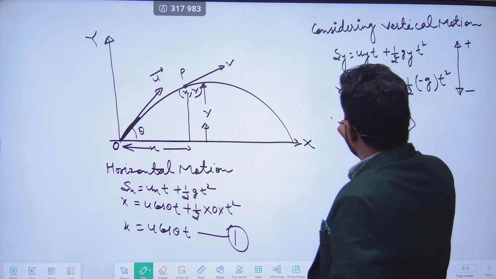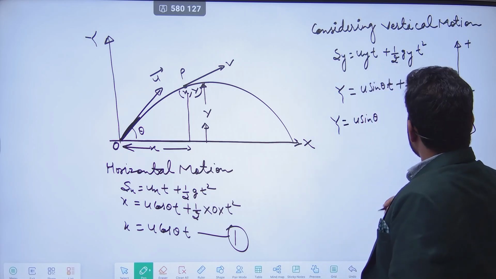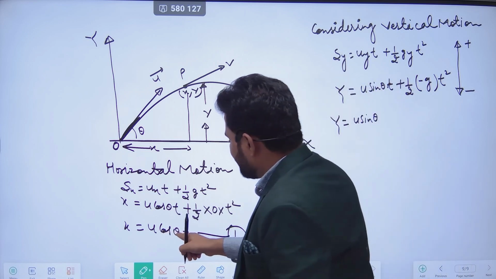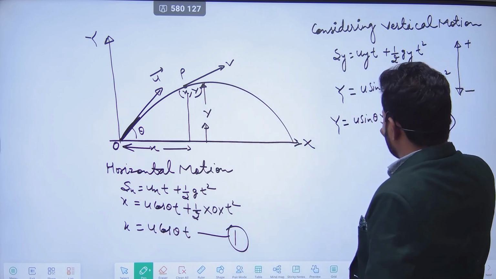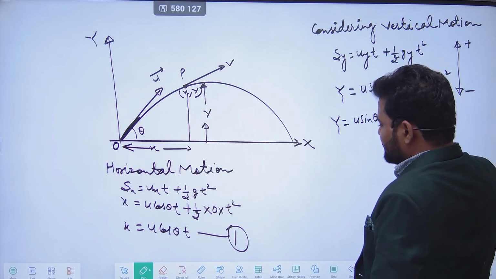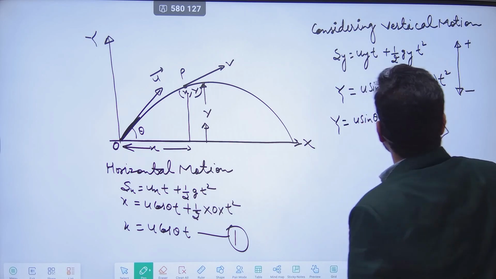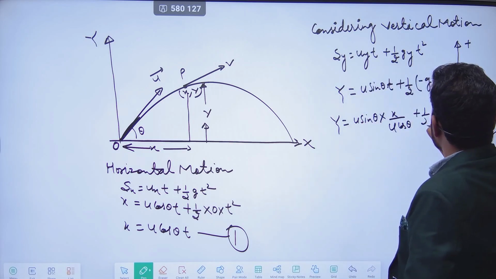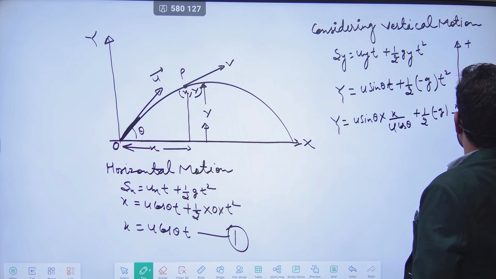So from here we will get y is equal to u sine theta into, taking the value of time from equation number first, t is equal to x upon u cos theta, plus 1 by 2, minus g into x square by u square cos square theta.